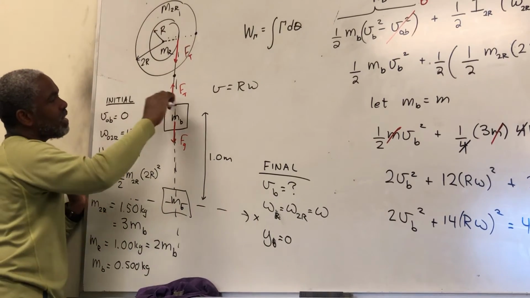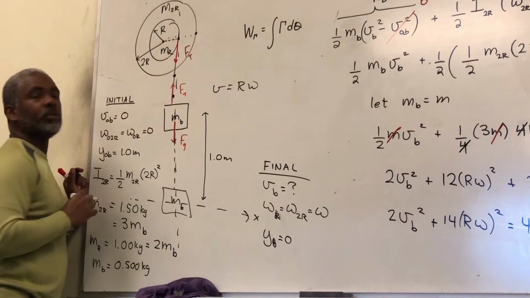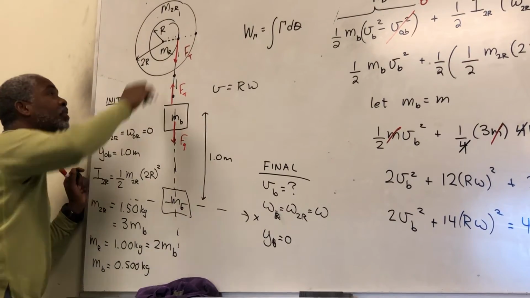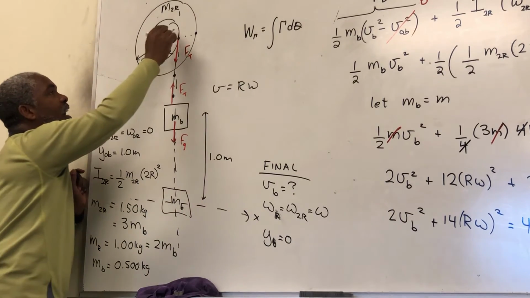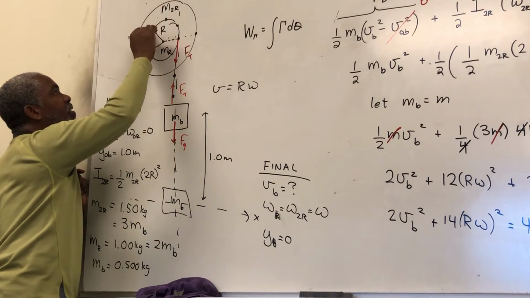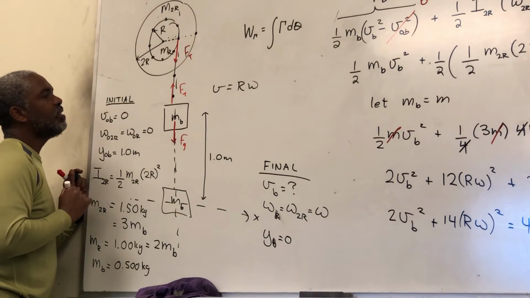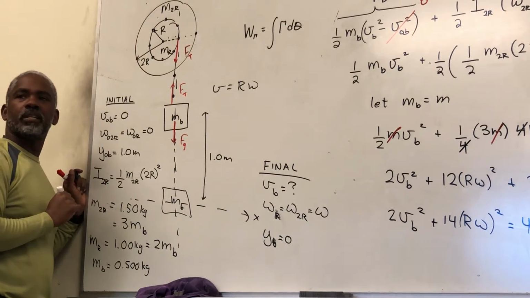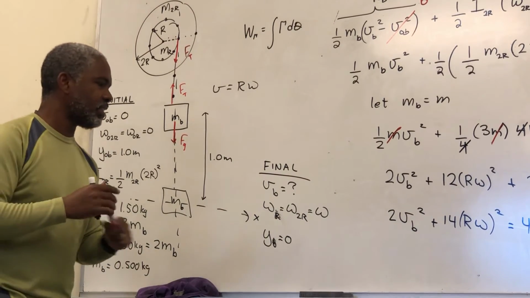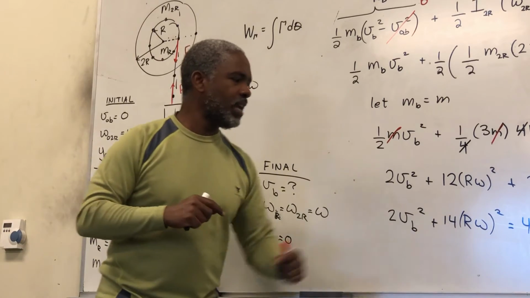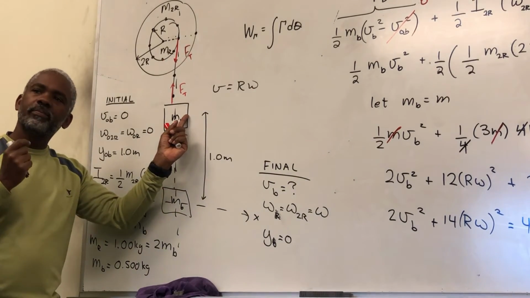But what we can say is every point on the string moves with the same speed, including this attachment point right there, which means every point on the circumference of this disk is moving with the same speed. So I just didn't want you to automatically associate R omega with the speed of the block without thinking why.